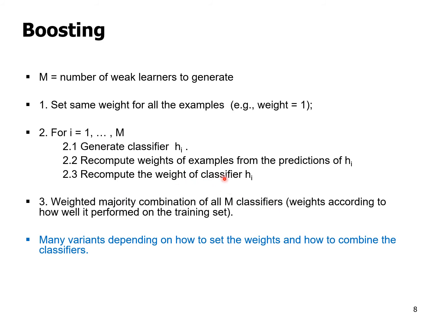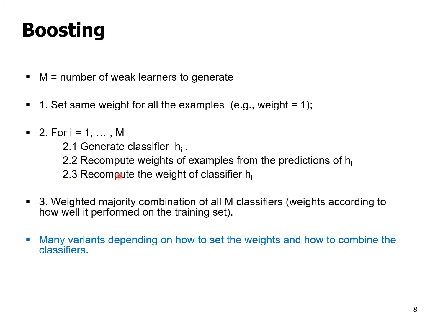Because each classifier has weight values, we are able to do a weight voting using all these classifiers. So that is the final answer of this ensemble boosting method. Actually, there are many variations, depending on how to set the weight values, how to recompute the weight values, or how to combine these classifiers.